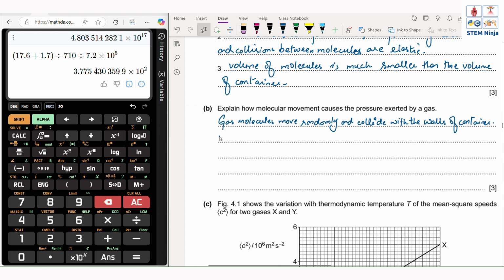Each collision exerts a force on the wall due to change in momentum.